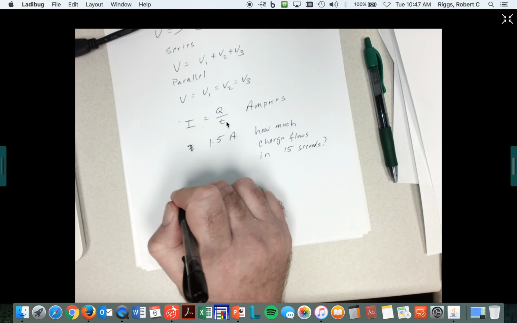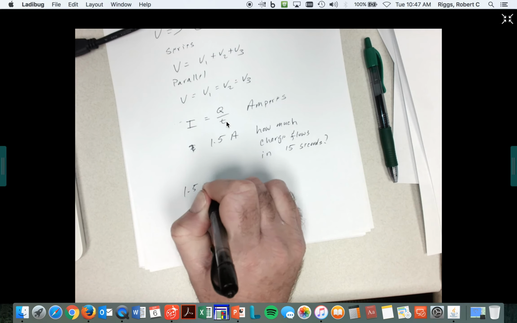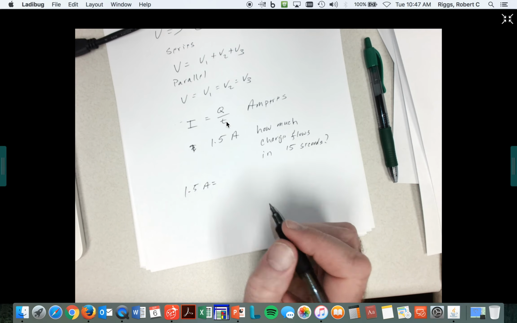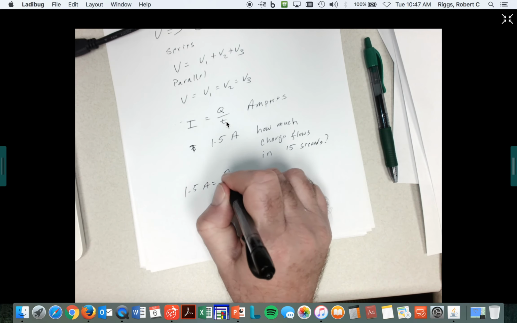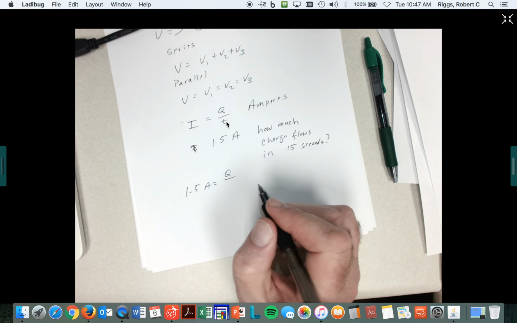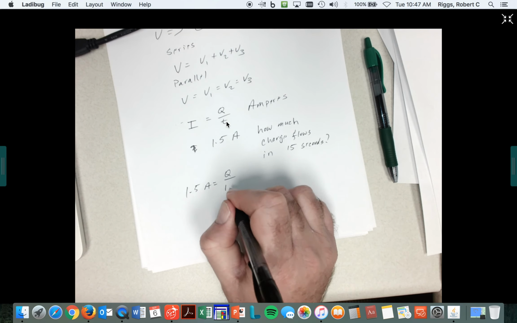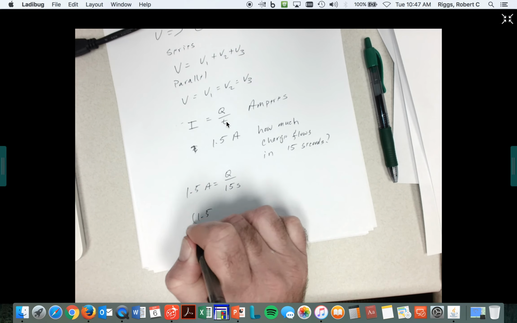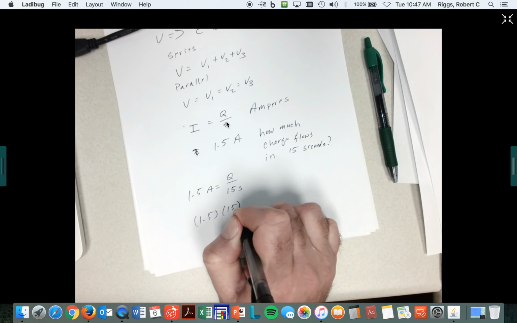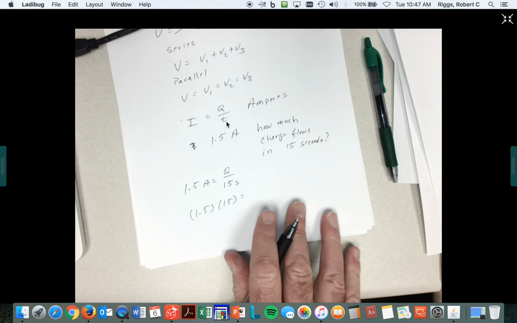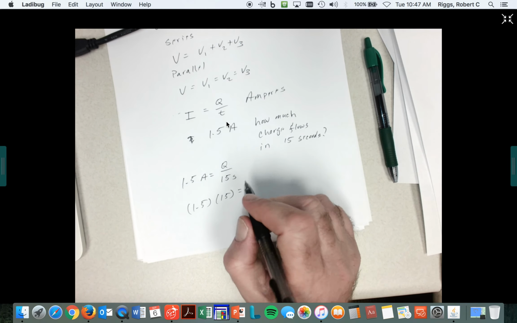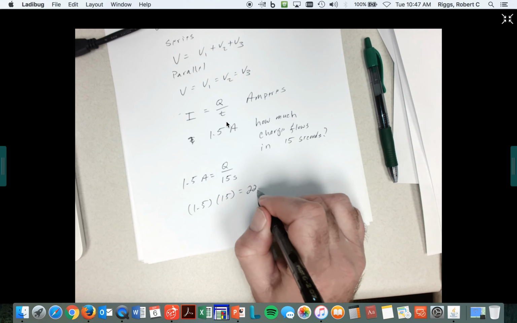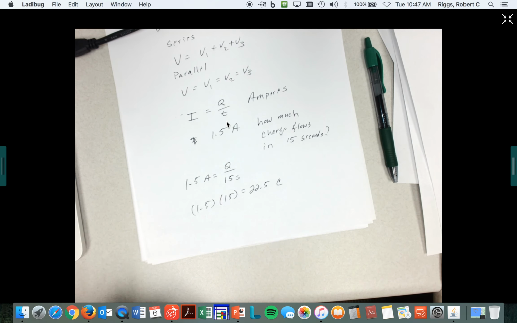Well, 1.5 amps is equal to Q over 15 seconds. So you have 1.5 times 15, which would be 22.5 coulombs. So a lot of coulombs.